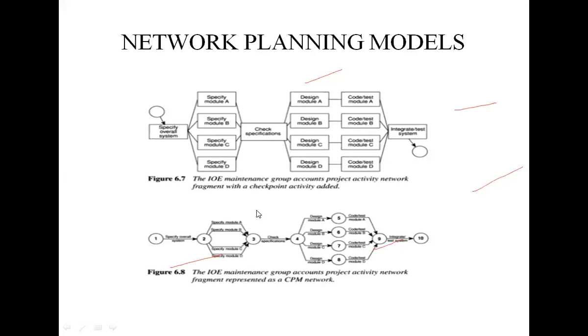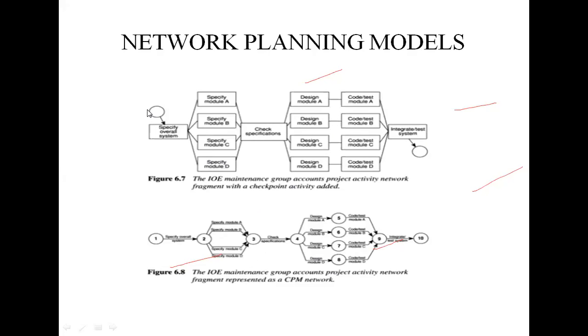So this is the IOE maintenance group account project activity network with a checkpoint. We already discussed this. Here the overall system is specified, so I divide it into 4 modules. Then you put the check on the specification. Then it splits into design A and design B. Then it is coded and the system is integrated.